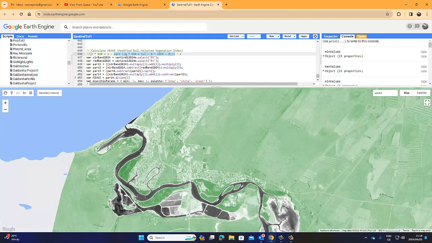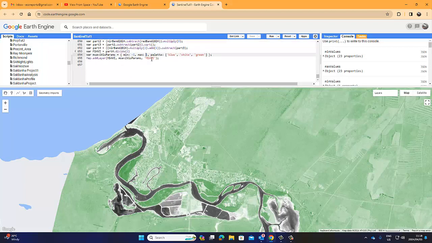And then I've got this whole thing, and this is part 4, and I divide it by 2. Okay, so this is a fairly complex equation within Earth Engine, and that's why I said my suggestion is to break it up into smaller bits and then expand on my equation.